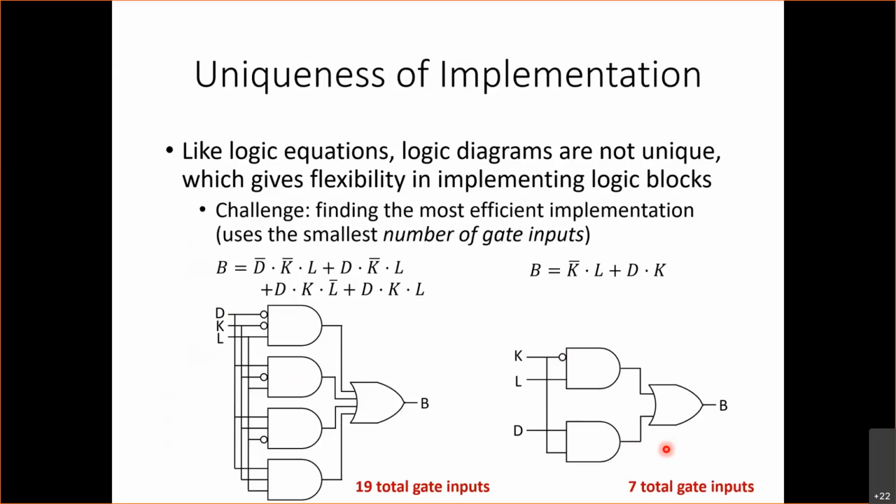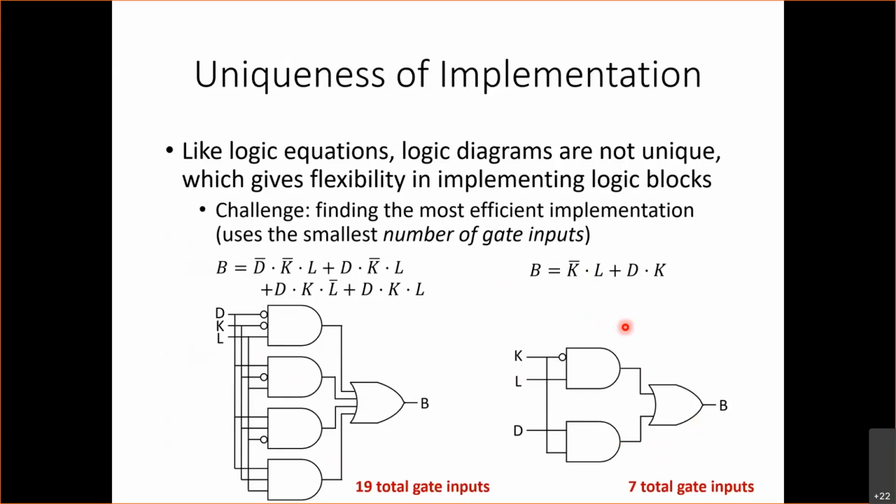So the challenge in implementing logic blocks efficiently is being able to find the circuit that gives us the smallest number of gate inputs. In other words, we want to be able to find the simplest logic equation to specify a logic block, so that the simplest logic equation translates into a circuit that uses the least amount of hardware.